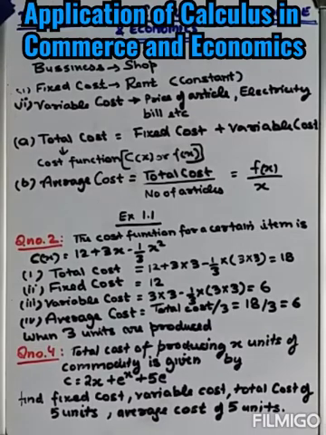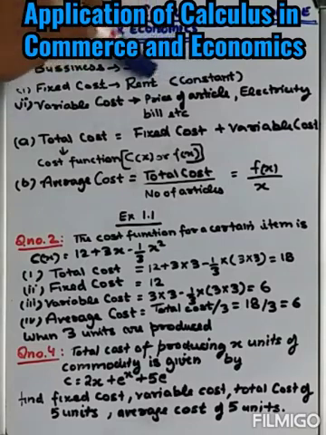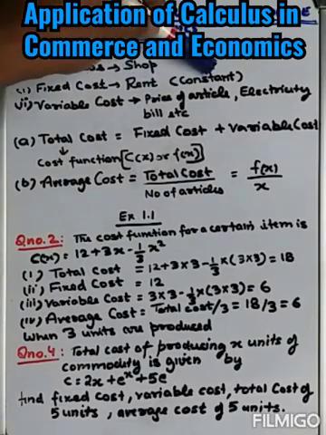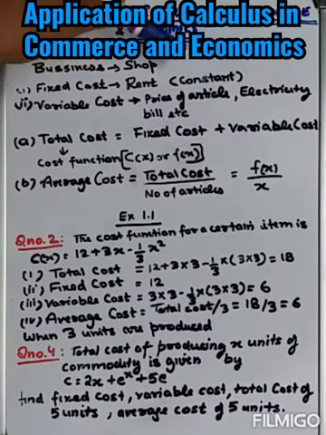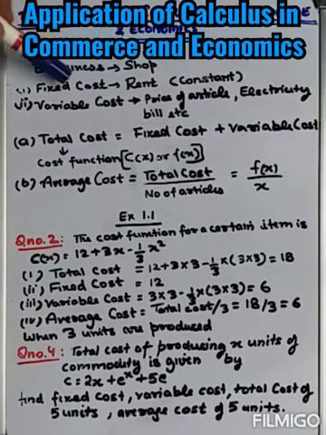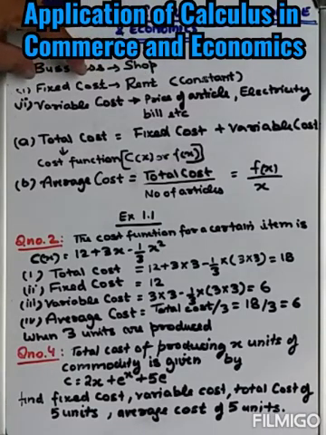Means if you are not able to sell even a single mobile, you have to pay that rent of rupees 20,000 per month. So that 20,000 or rental cost is constant, whether you sell 1,000 mobiles per month, per day, or not a single mobile. So you have to pay that fixed rental value. So that value is called the fixed cost.